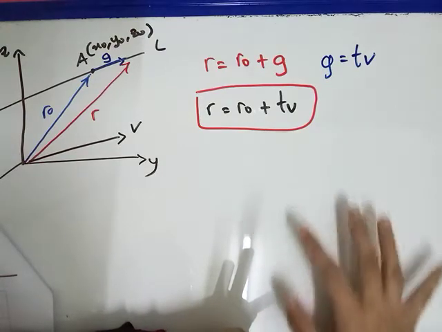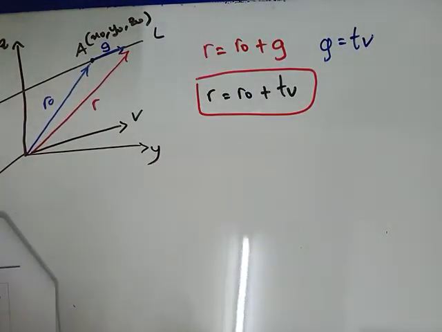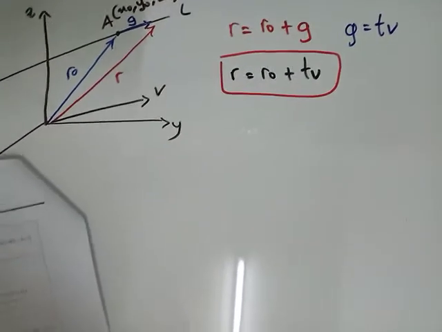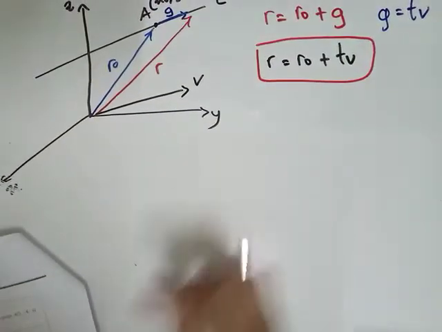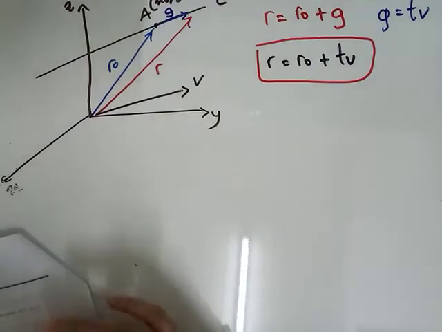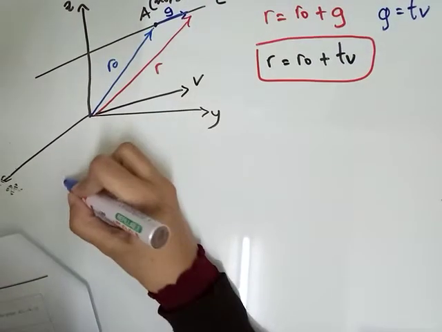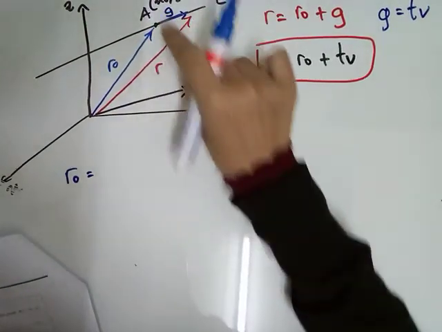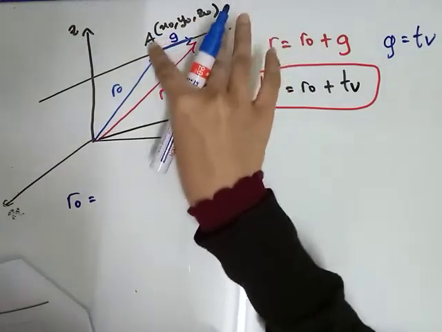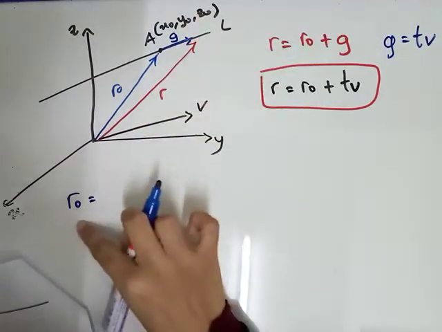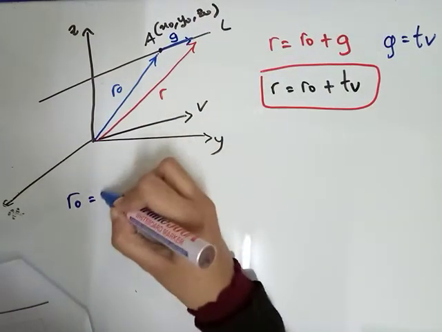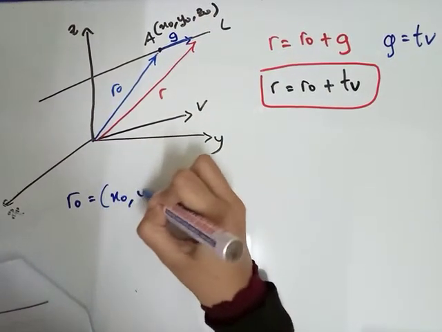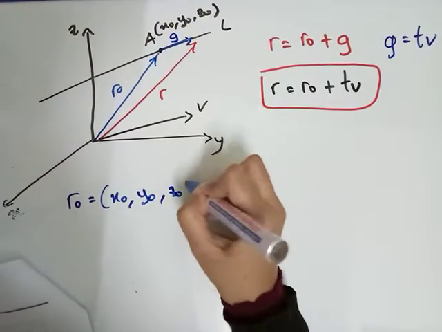So we know that R naught is the position vector for point A. That means the value for R0 is also X0, Y0 and Z0.